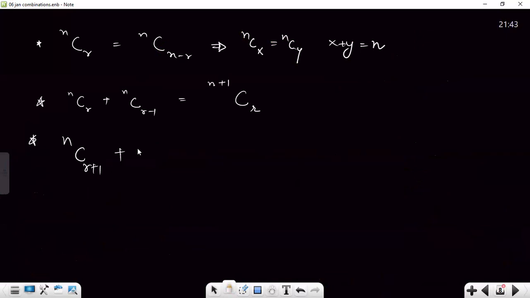Mostly the property is the same. Then basically n plus 1 C r plus 1. Whichever r is greater, you have to use that r. Here r was greater. And you have to keep the n equal, and after n being equal to n, you have to raise its value by 1. That's the game basically.